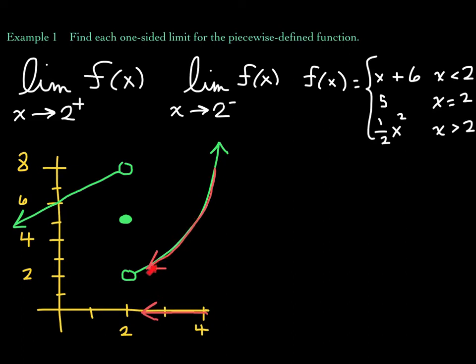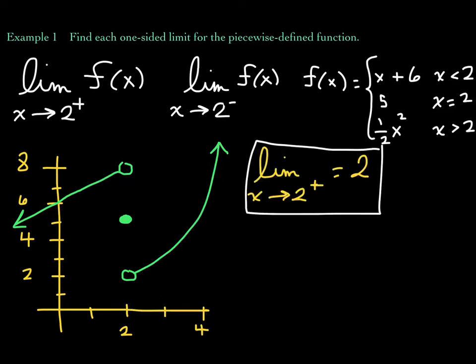They're approaching 2, right? Now I know that at 2 the function is defined to be 5, but that's not what's in question. The question is, how are your function values behaving as x approaches 2 from the right? So then the final answer here for this limit is 2.